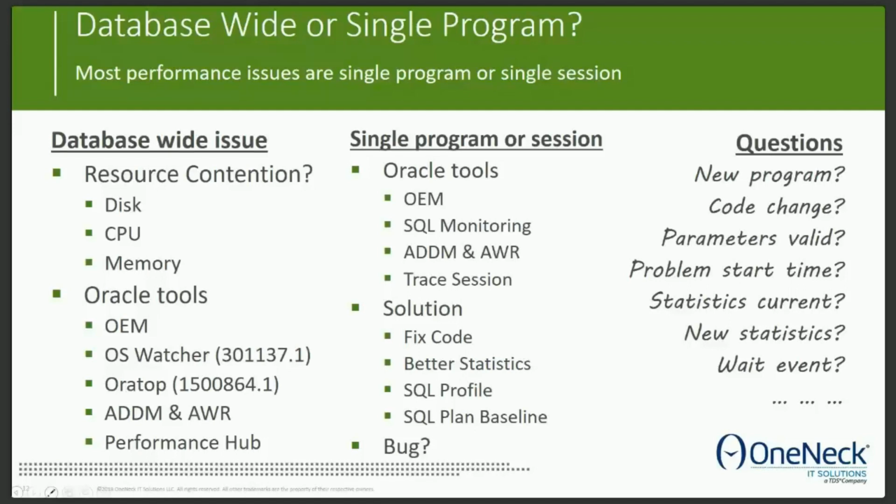But those are easy to identify, where the problem is coming from. If you use these tools like OEM or OS Watcher, OraTop, and ADDM, AWR, you should see the trend, and you will be able to troubleshoot and identify where the problem is. And maybe open an SR with Oracle and provide a system dump, and they should be able to figure out pretty easily where the problem is coming from.